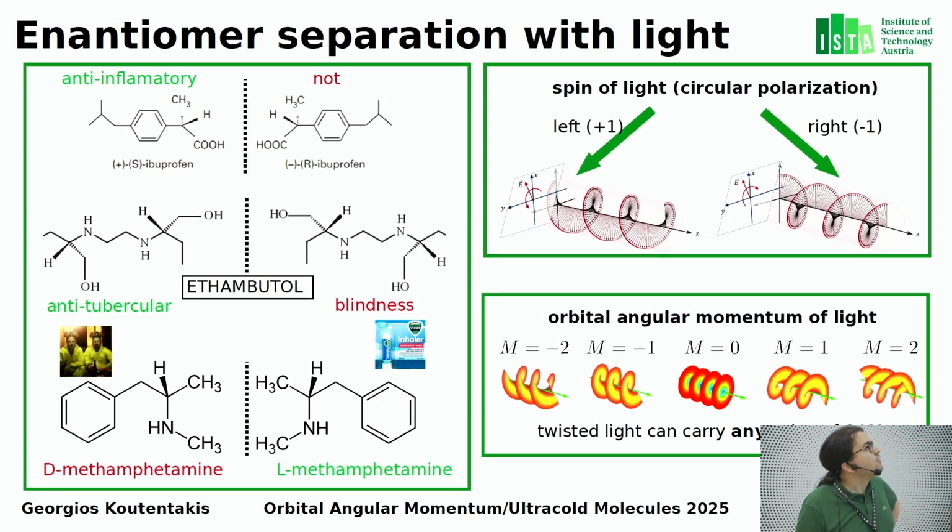People have worked on this enantiomeric separation, and mostly they use the polarization of light, because left and right-handed polarization propagate with different velocities in the molecules.